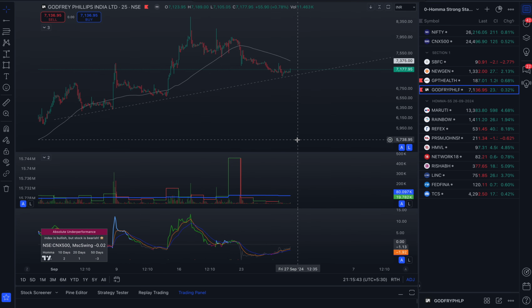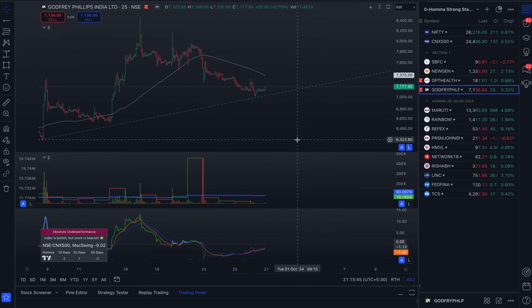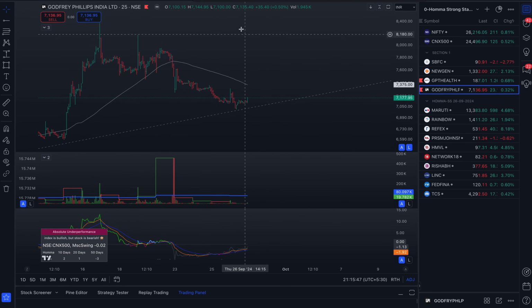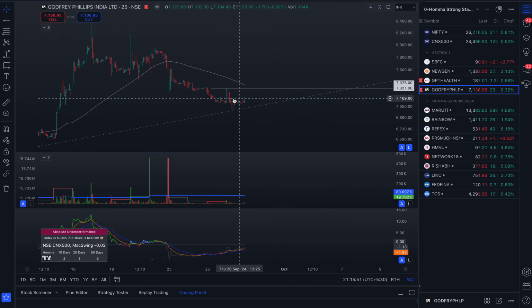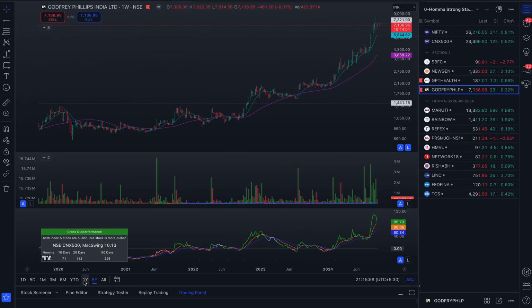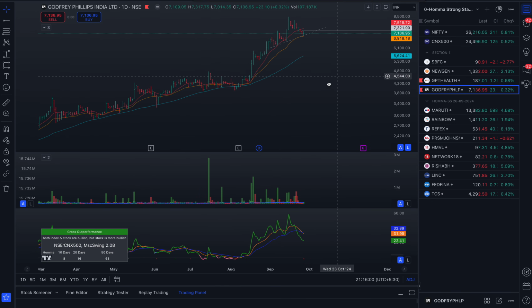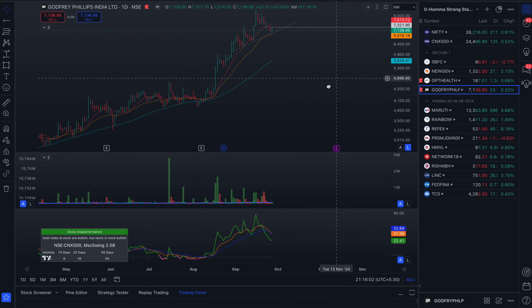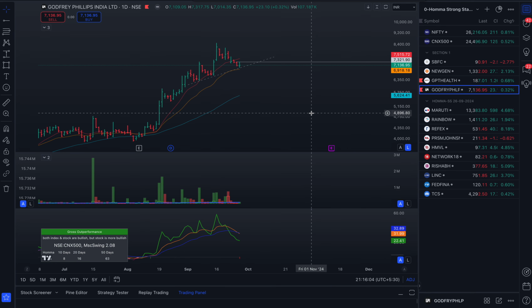So if Mars is gaining in strength, that's the area. So here in Godfrey Phillips, the PB entry would be above this. But I have taken a PB entry because I have a very small stop loss now. So you will be confusing yourself if you look at multiple time frames, and especially time frames which are very different from each other.